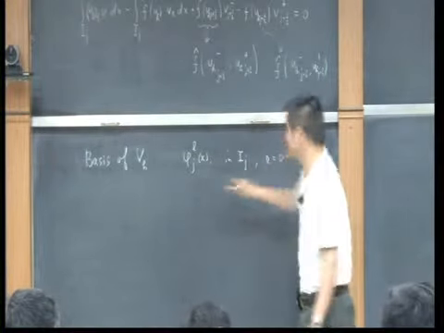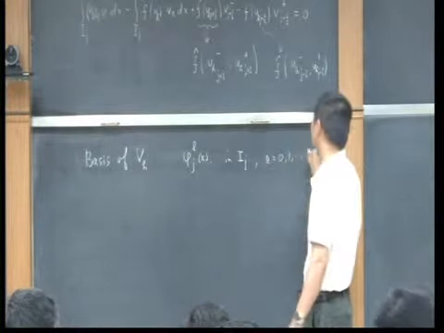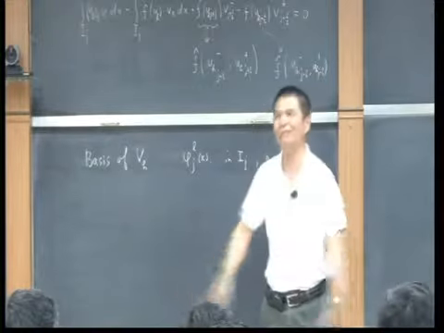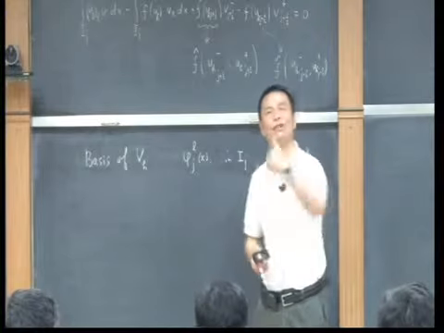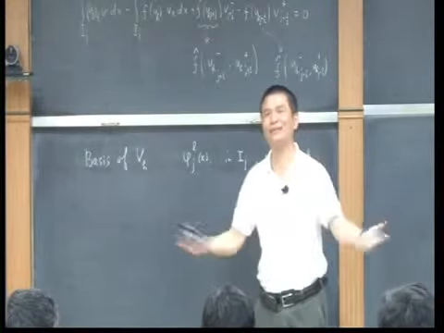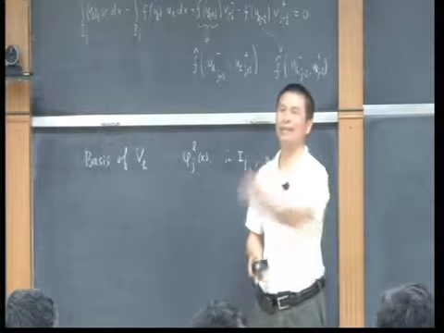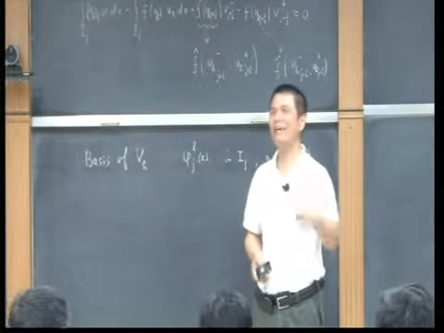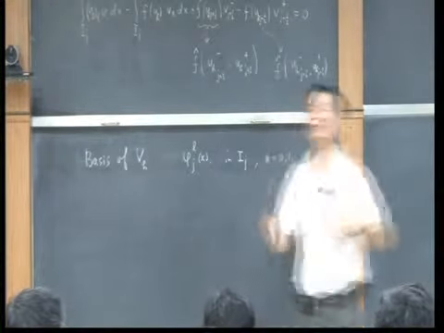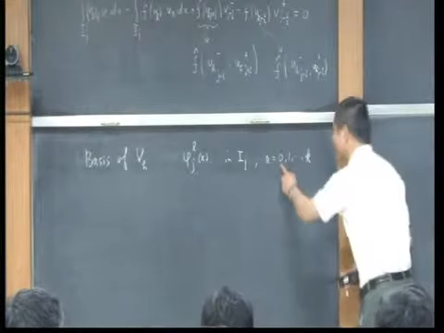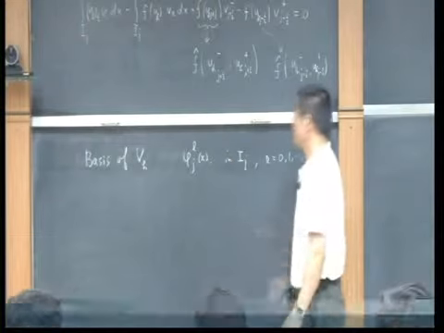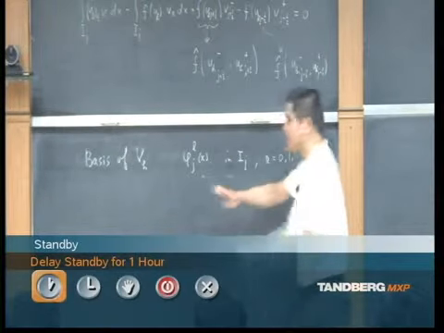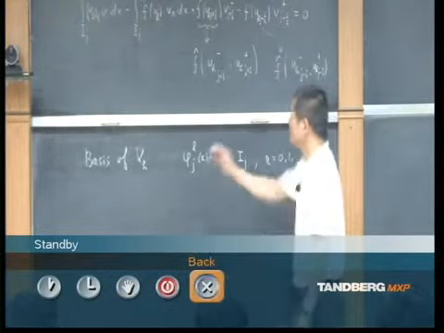This is a one-dimensional thing, so l goes from 0 up to small k. I don't need capital K. I know that for a polynomial of degree k, I have k plus 1 numbers. Degree 1, I have 1 and x; degree 2, 1, x, x squared is 3. So it's always small k plus 1. So this is the basis in I_j, and j runs from 0 to capital N.